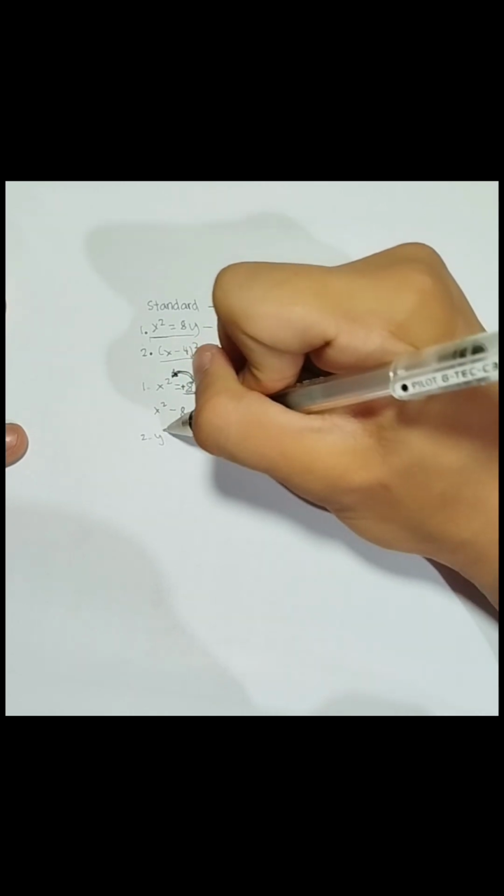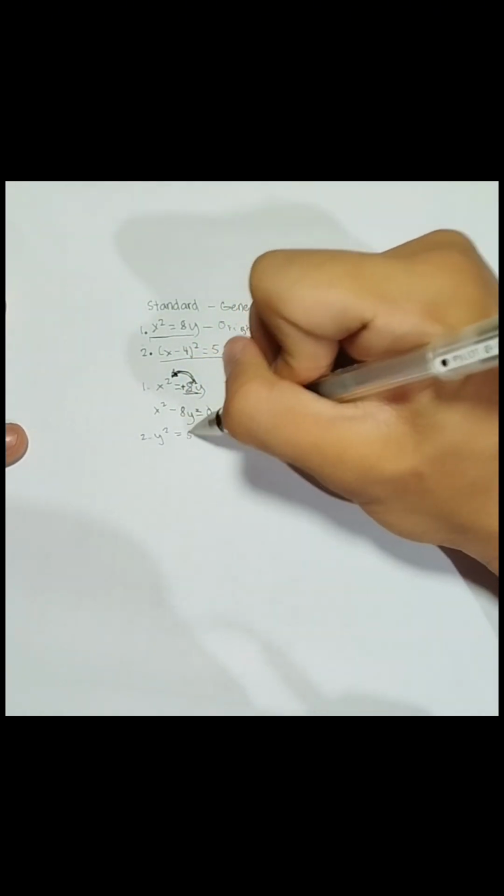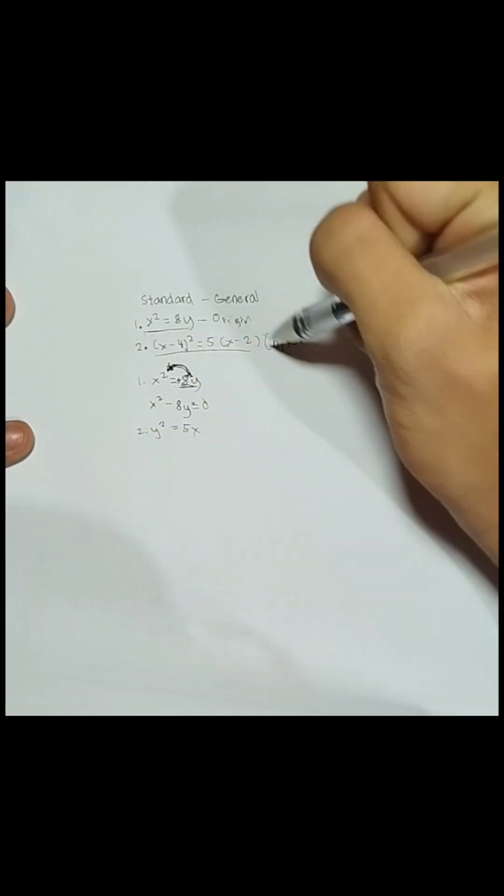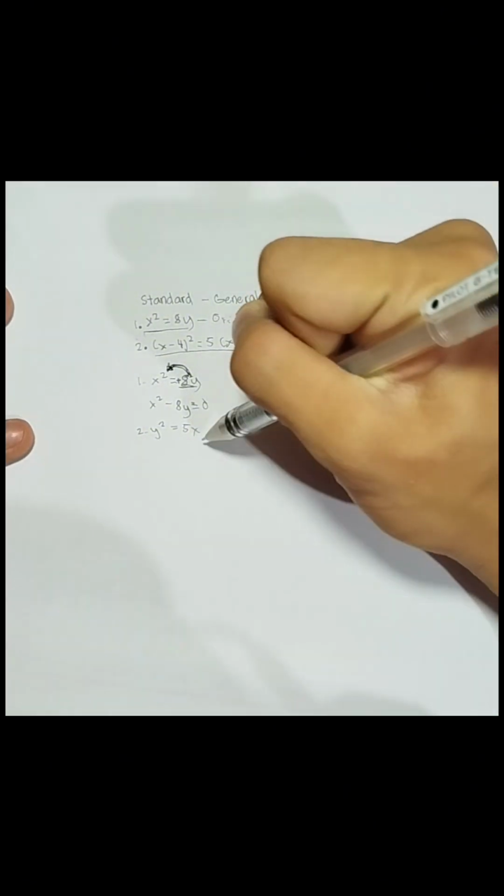Okay, so here are some other examples. Let's say this is y squared equals 5x. Before we get to the h and k, let's try this first.